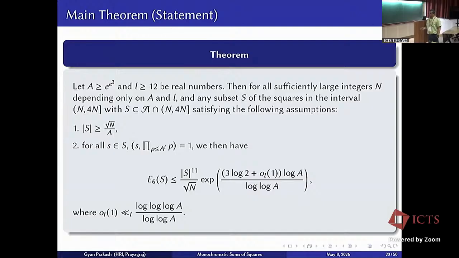First, as I mentioned, this particular condition is essential, which means that if I remove this condition, the result is no longer true. So I have to give you an example of a set which satisfies the first property, but not this bound on E(6S).